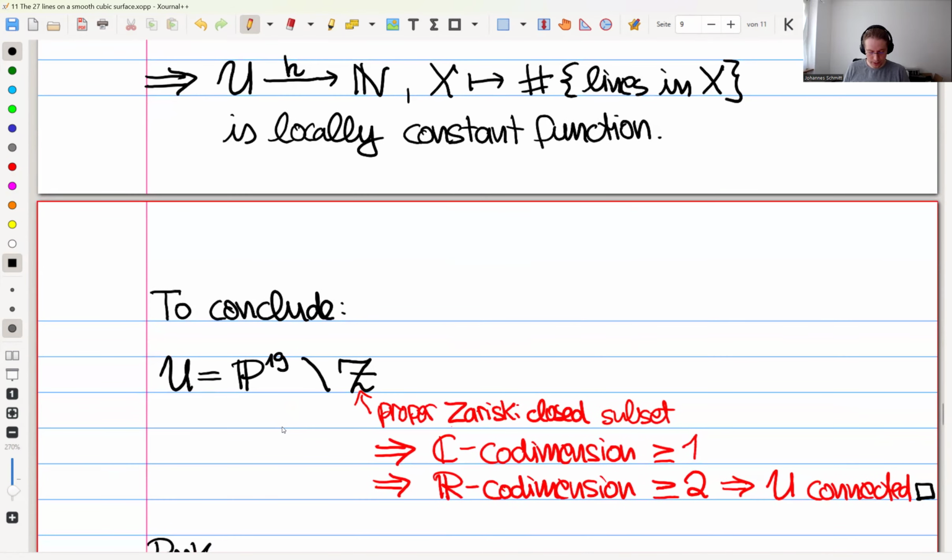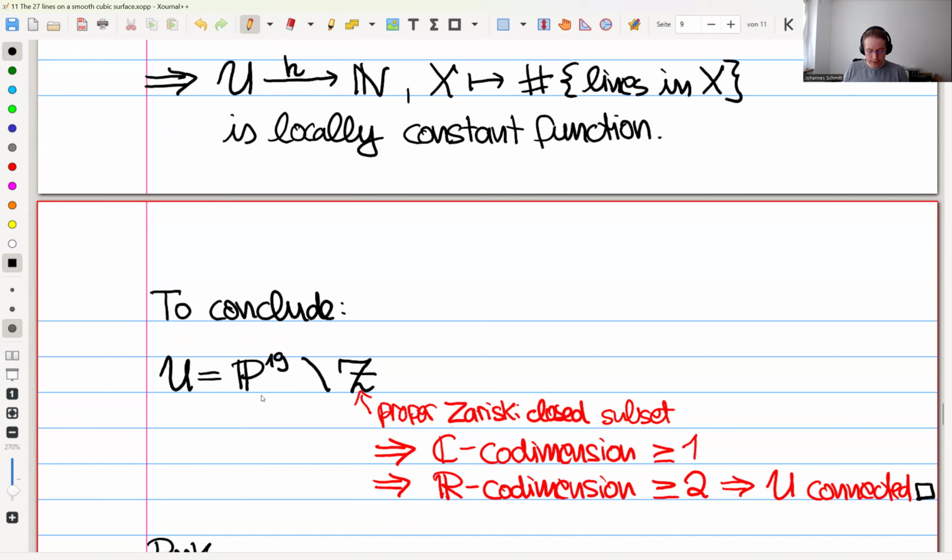This is actually not super hard. This P19, this is certainly connected. I mean, for example, it has this cover by affine spaces, which are just complex numbers to the 19, and they all intersect, and so you can move from any point to any other point.